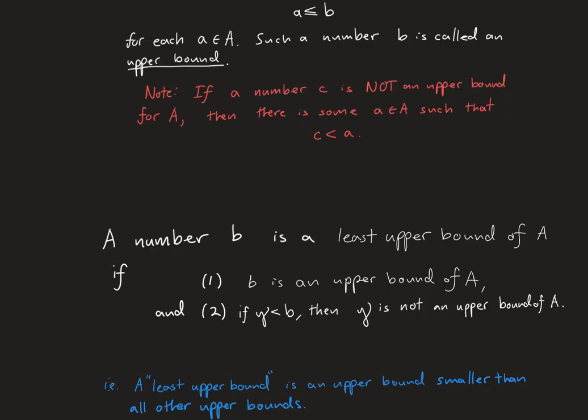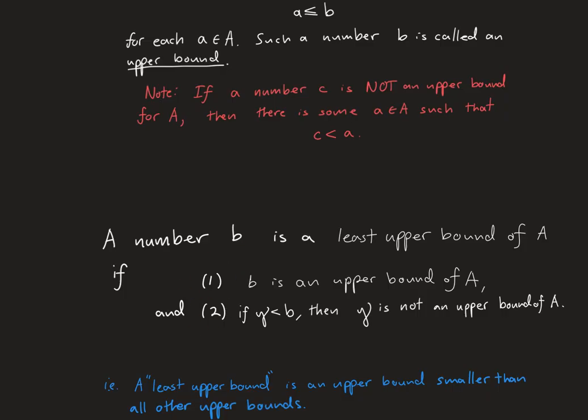A number B is a least upper bound of A. And honestly, you can hear that and just ask yourself, what would a good definition of a least upper bound be? And here's what we call what it means for it to be a least upper bound of A. Two qualities of a least upper bound. So this is a definition.